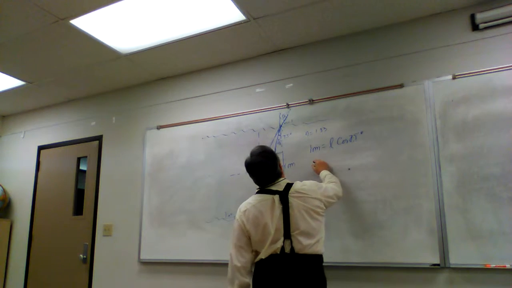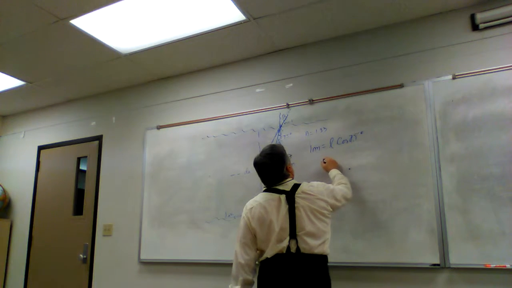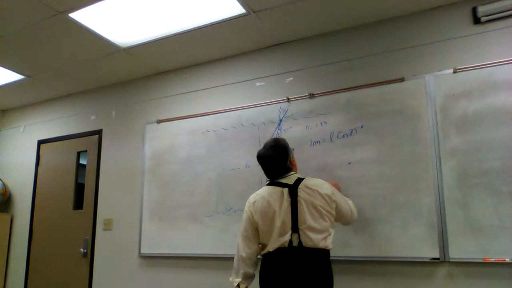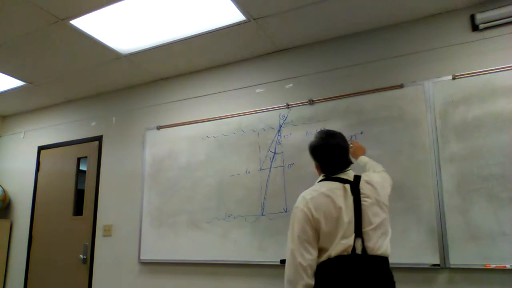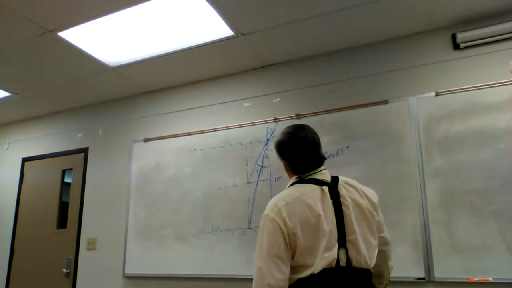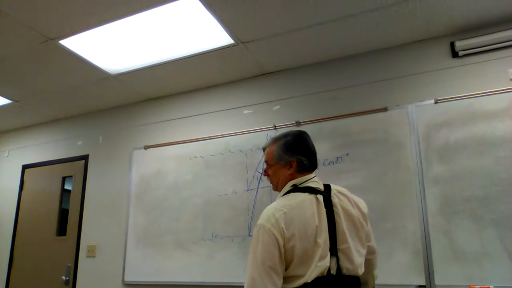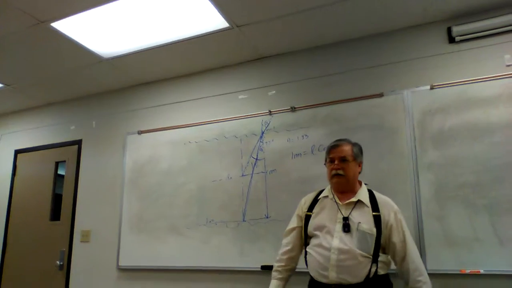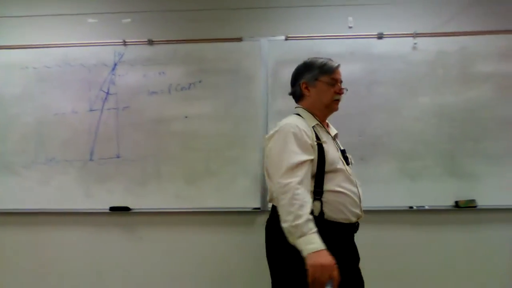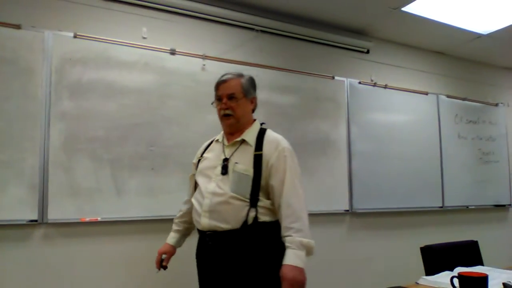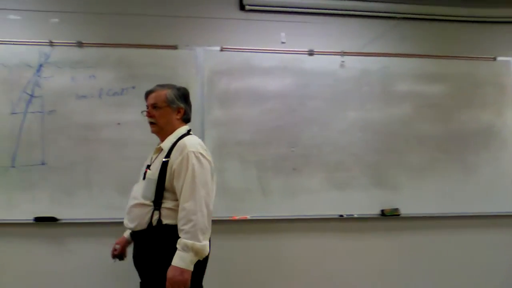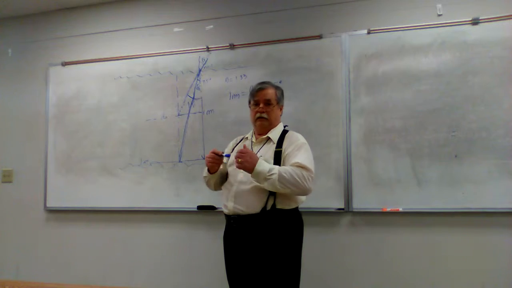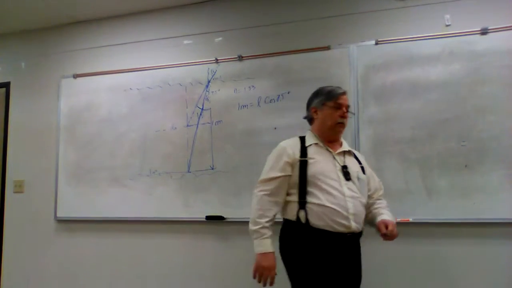I can see why they did the small angle approximation, because we're going to have to end up converting it into a tangent and actually doing the arithmetic. And I don't want to try and do that impromptu.